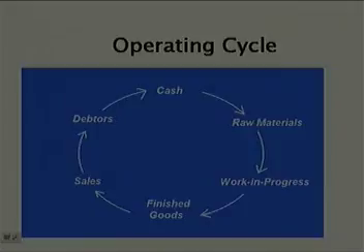Now these sales, sometimes you may directly get the payment in the form of cash. So you may have some cash sales in the context of manufacturing industry. In construction industry, this cycle really doesn't work exactly in this manner.